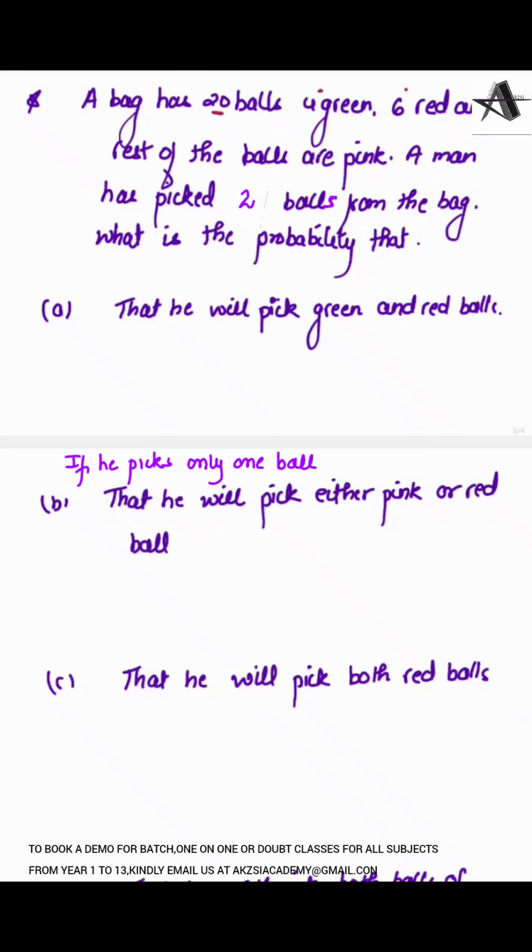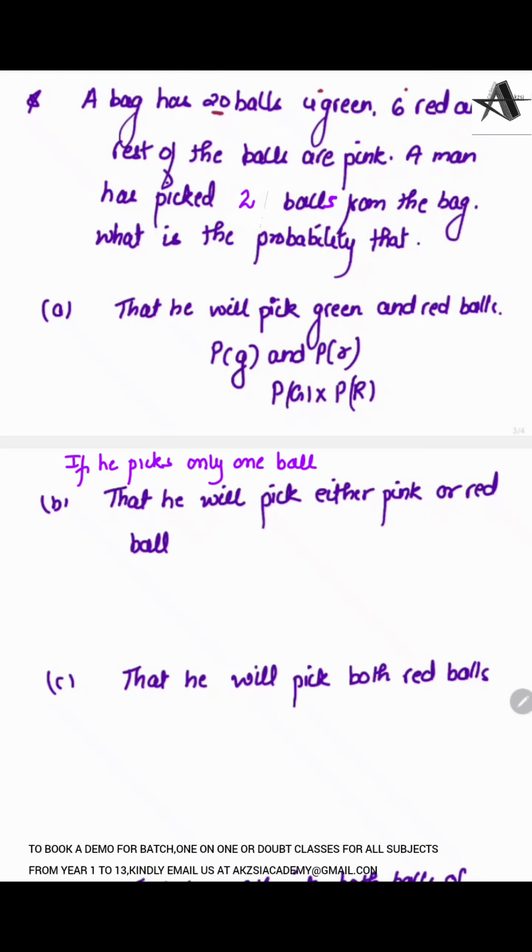I just explained the concept of "and". If there is an "and" in between, you are supposed to multiply. That means probability of picking green and probability of picking red. So probability of picking green multiplied by probability of picking red. What's the probability of picking green?